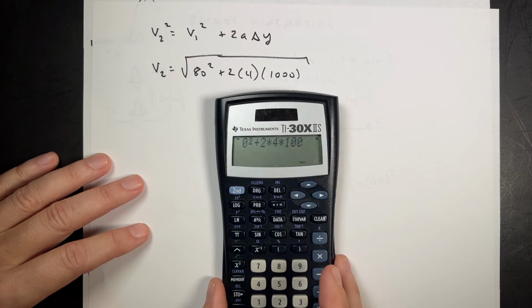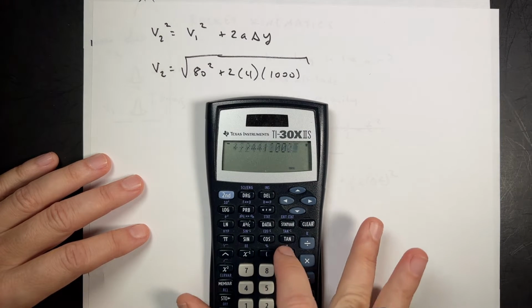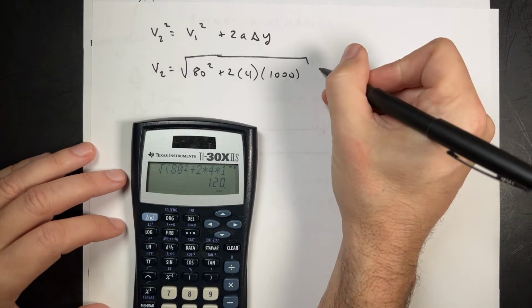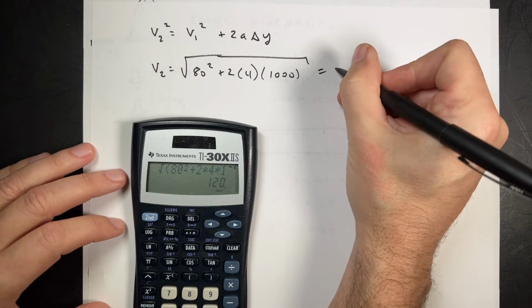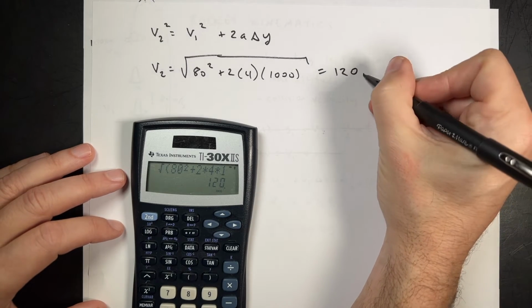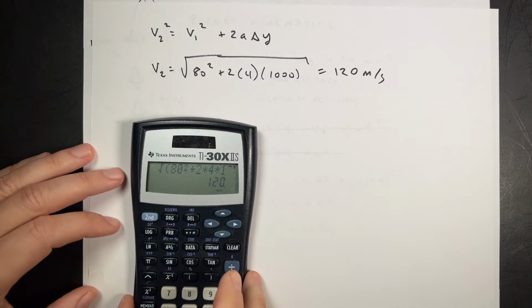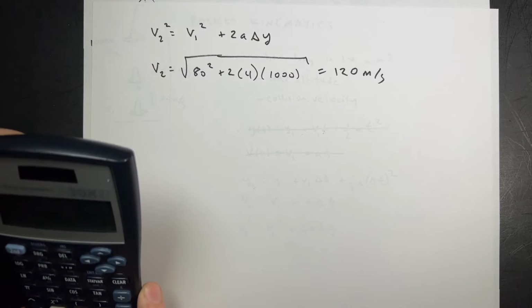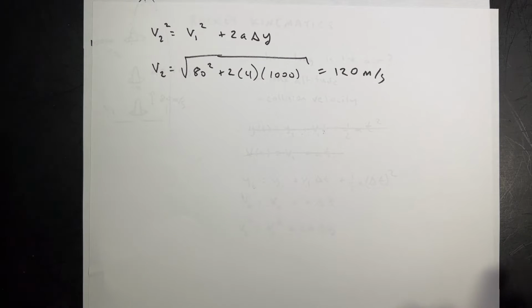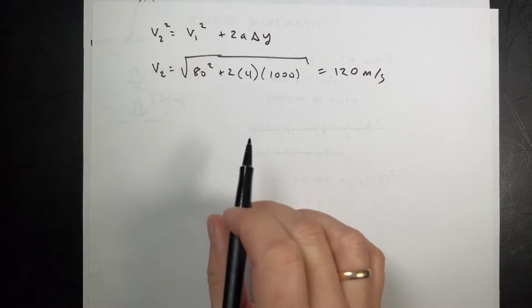I could have done that in my head. And this gives 120 meters per second. You know what? That's not right. I guess it's right. Seems kind of slow, but that's fine. I guess 1,000 meters isn't that high compared to the speed.